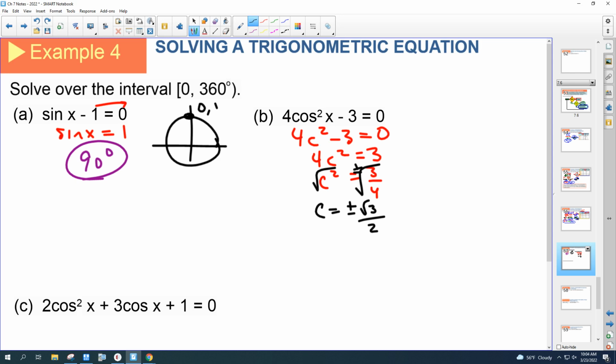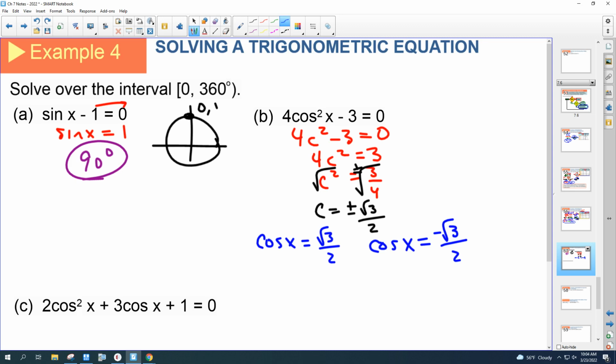So that's actually two different equations when you switch back, because you're going to have cosine x equals square root of 3 over 2, but you're also going to have cosine x equals negative square root of 3 over 2. Don't forget to switch back to your trig.